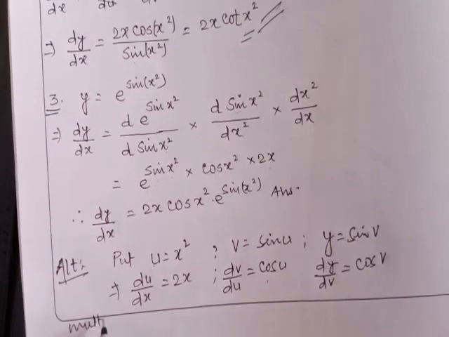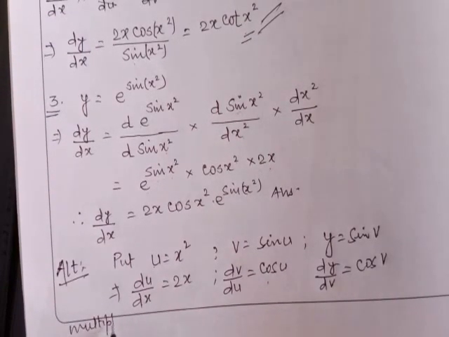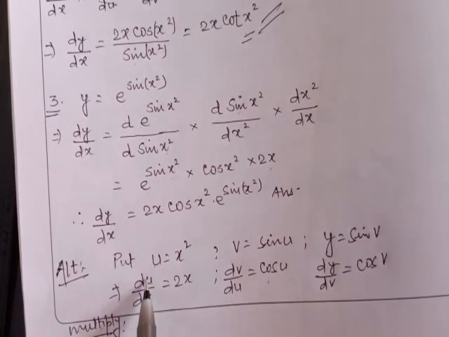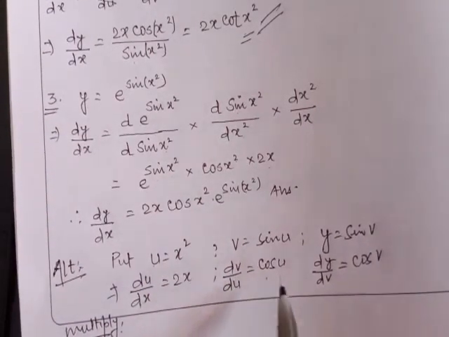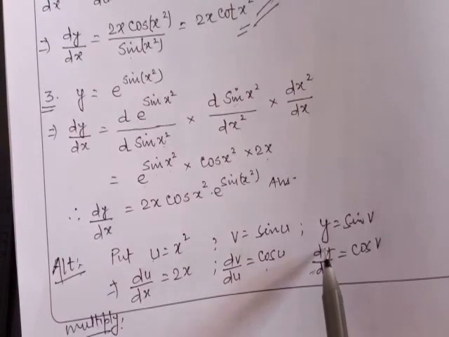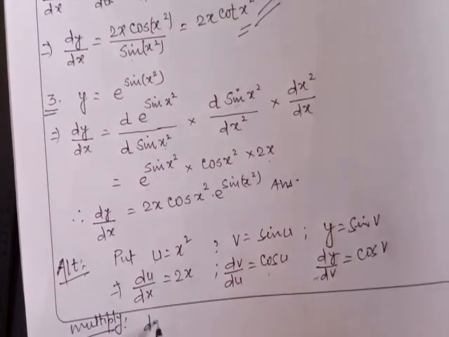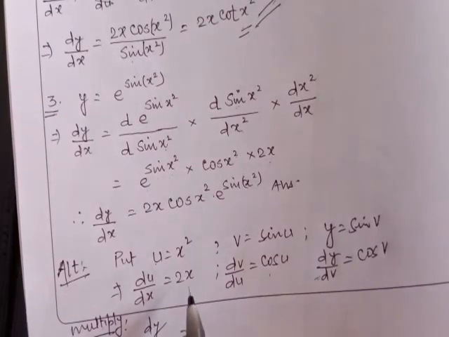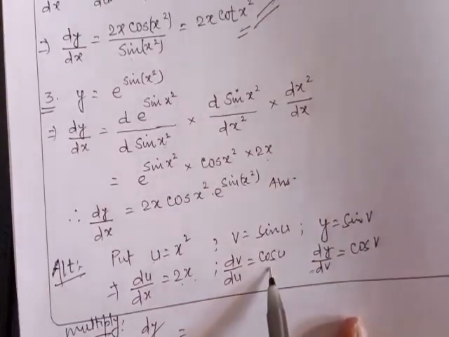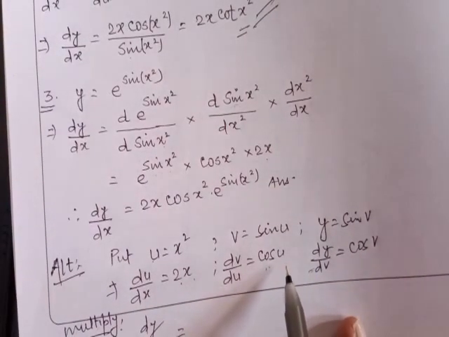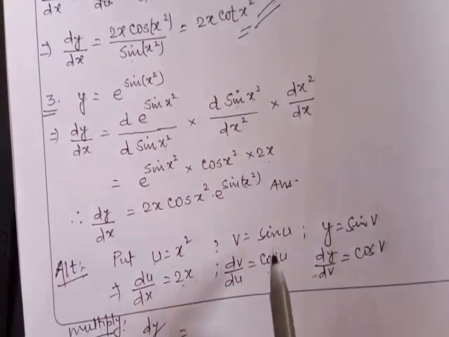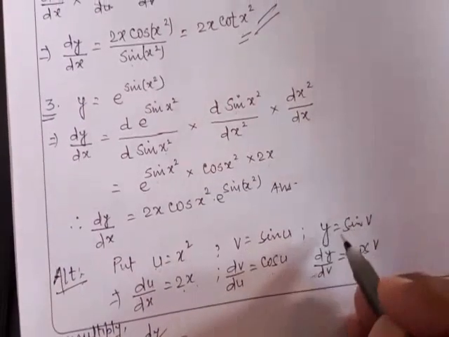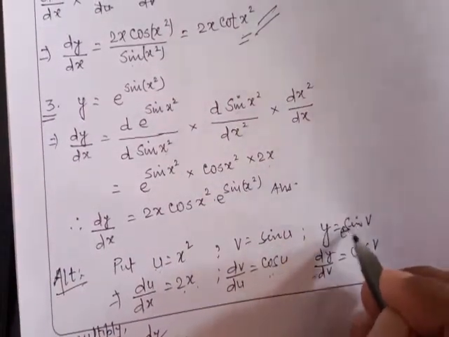On the left side we have seen that du should cancel and dv should also be cancelled. How much is left? dy by dx should equal 2x cos u into e to the power v.